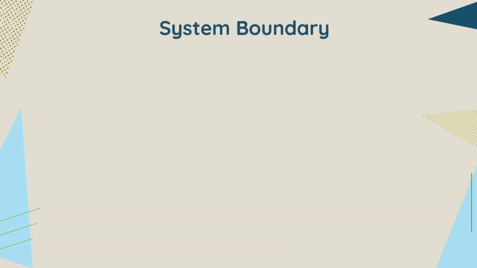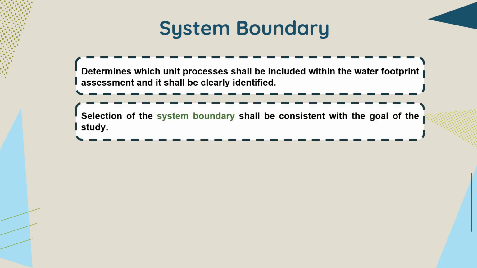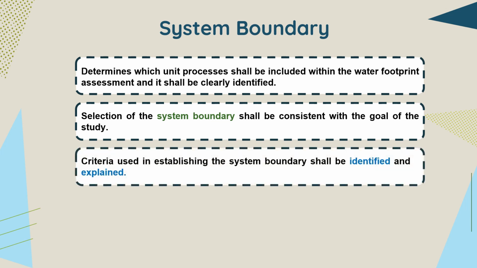So now, we talk about the system boundary, where the system boundary determines which unit processes should be included within the water footprint assessment, and it should be clearly identified. Selection of the system boundary should be consistent with the goal of the study. The criteria used in establishing the system boundary should be identified and explained.